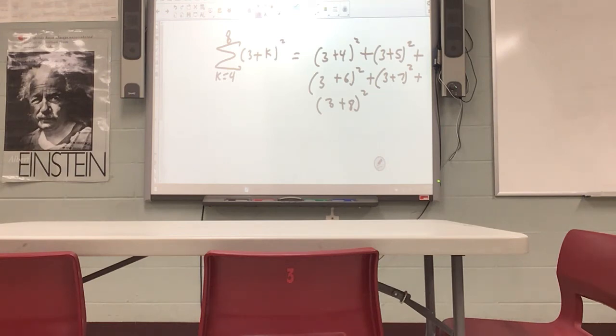Alright, so let me get a new color here. So I've got 7 squared, 8 squared, 9 squared, 10 squared, 11 squared. So that in red there's what I'm adding up. I don't wanna try mental math again since I failed. Is that 108?